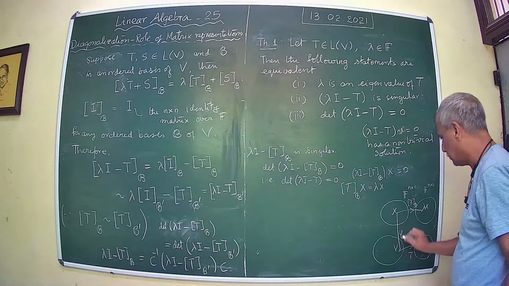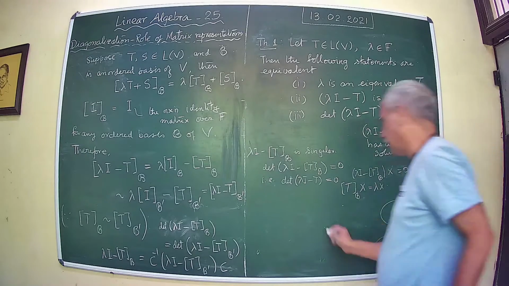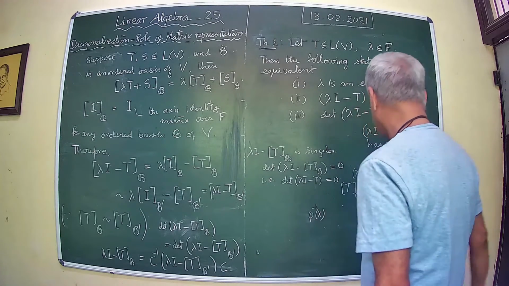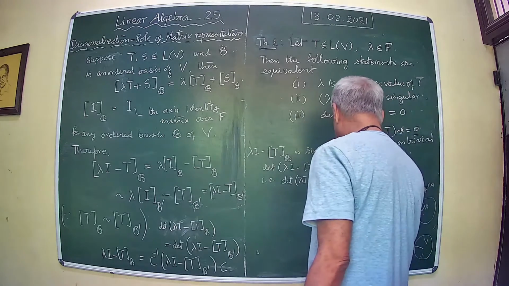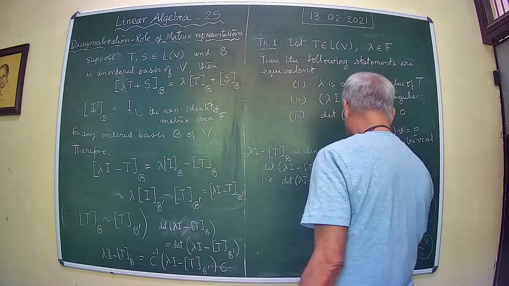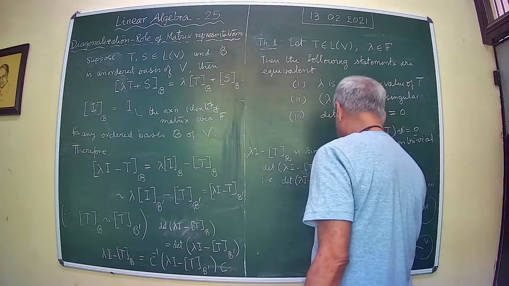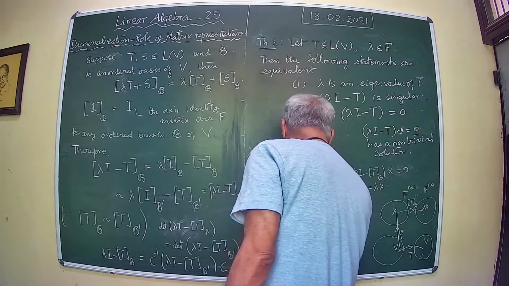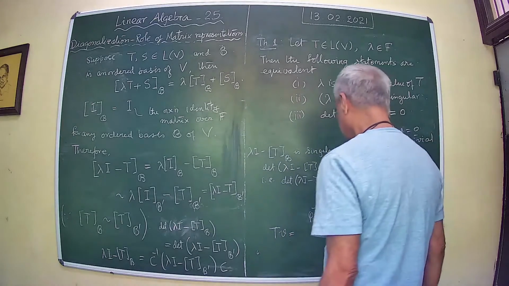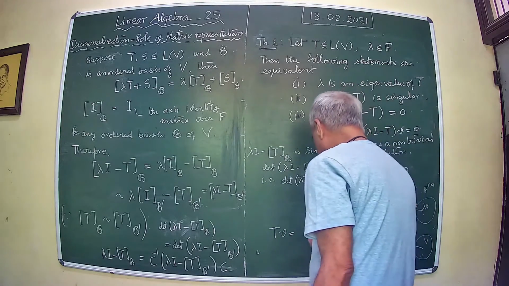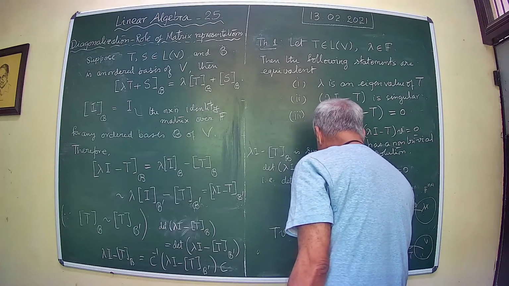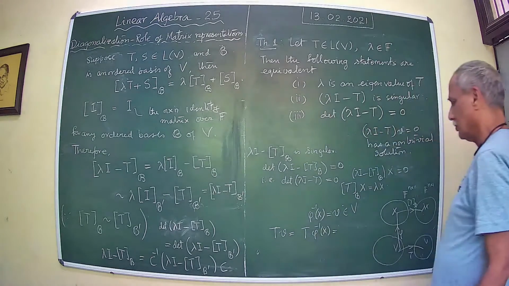So, if this map is fine, then you take phi inverse of x, which is equal to some v belonging to V. Then you have T of v equal to... this is equal to what?